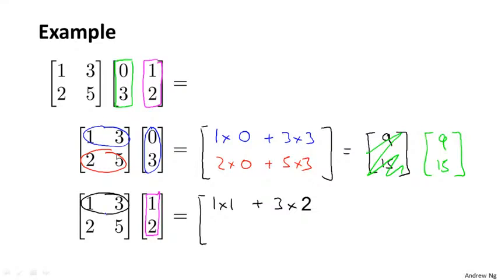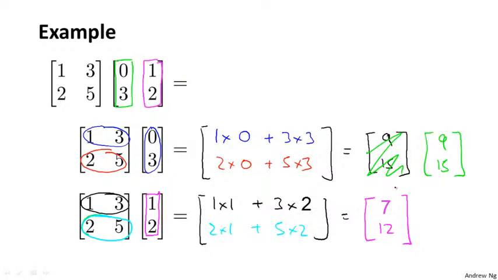And let's do the other one. That gives me 2 times 1 plus 5 times 2. And so that is going to be equal to 1 times 1 plus 3 times 1 is 4. And 2 times 1 plus 5 times 2 is 12.